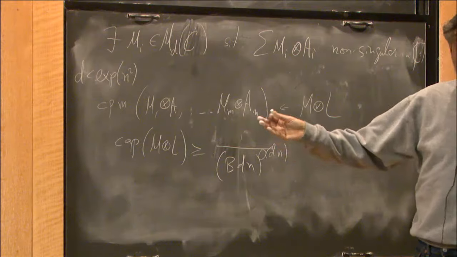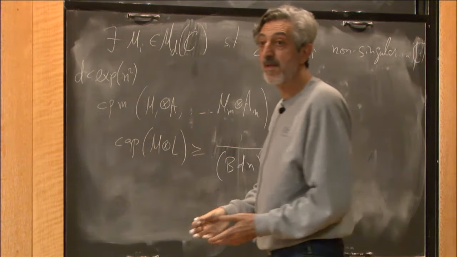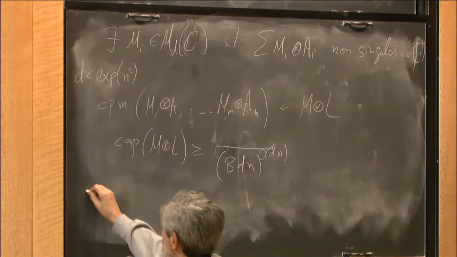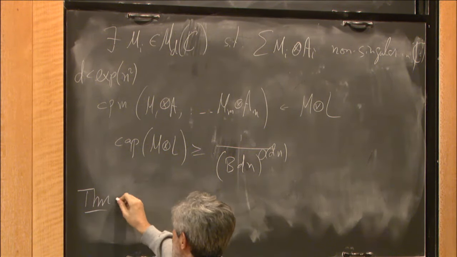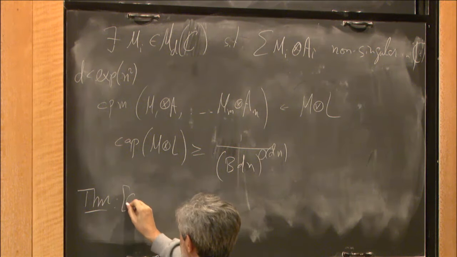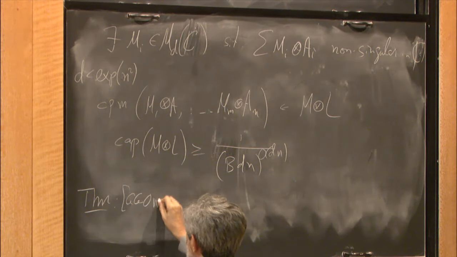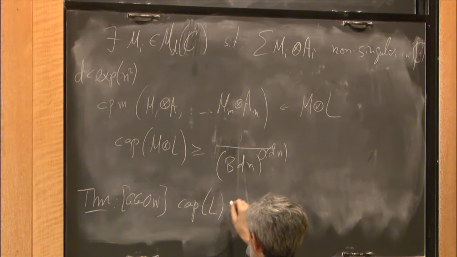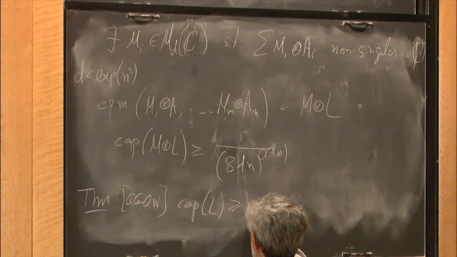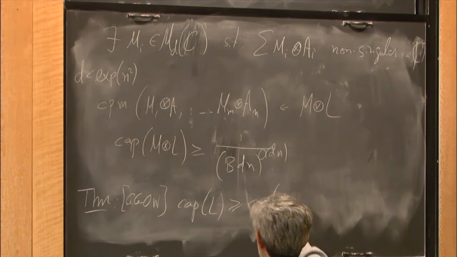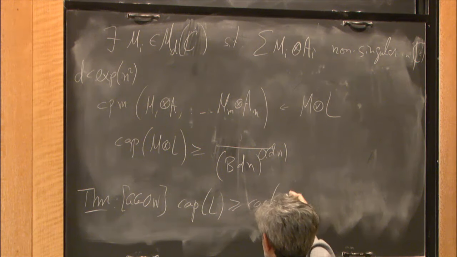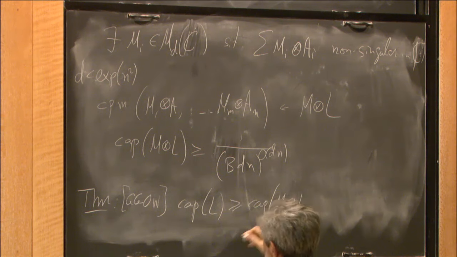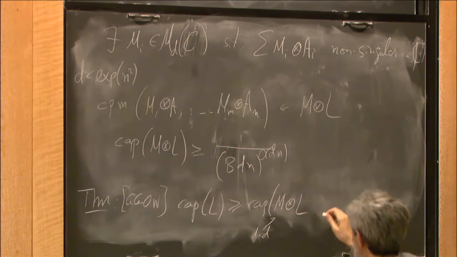So the last thing, which I will not prove because I'm way out of time, but it's really a two-line proof, just from the definition, is the main theorem, which I would say is a simple fact that we prove in our paper: the capacity of L is at least the capacity of M tensor L to the 1 over D, and this is for any D by D set of matrices you put here.